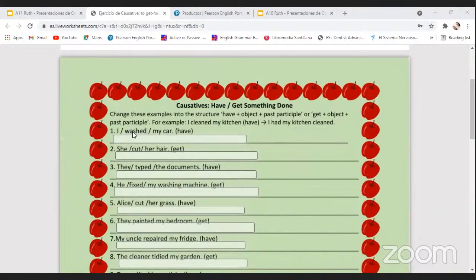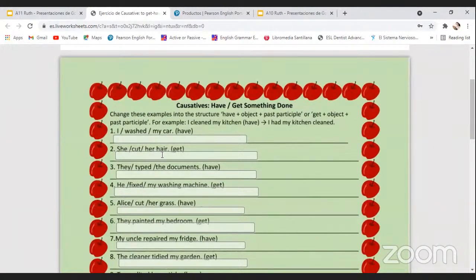Okay. And in the next one, like she cut her hair, how do we know that it is past simple or past participle, or present? Oh, yes, because cut, cut, cut, right? Of course. Well, we will have to read the context of the sentence. We are always going to focus on the context.